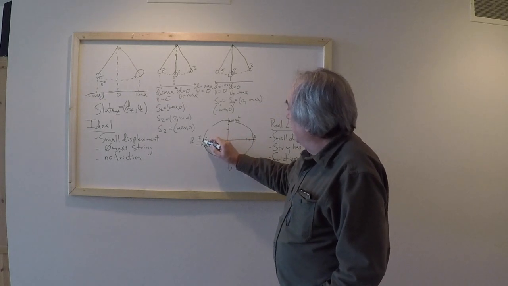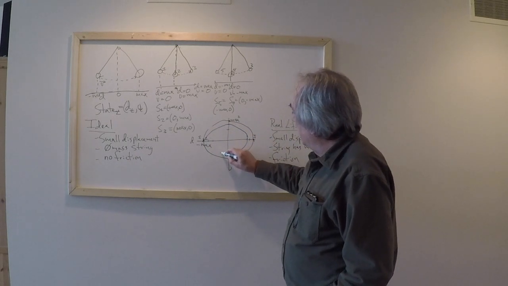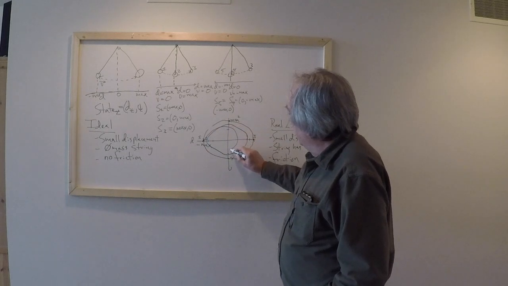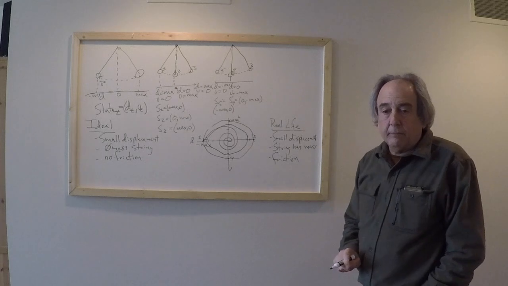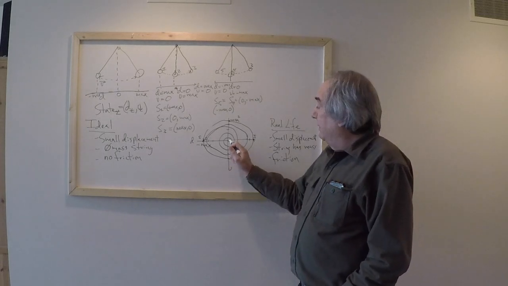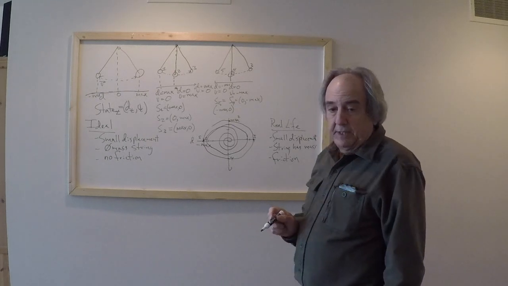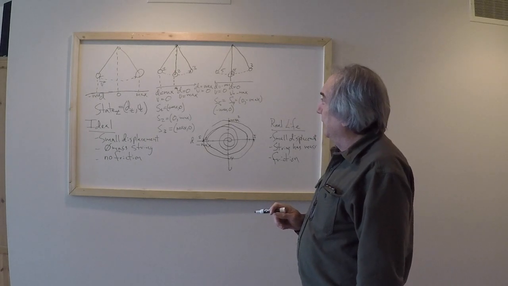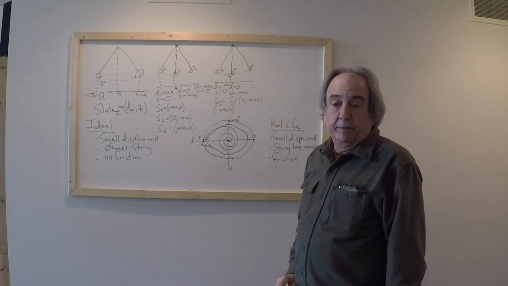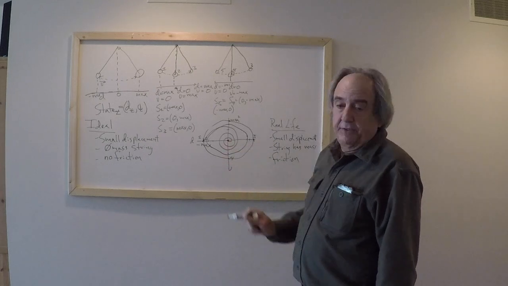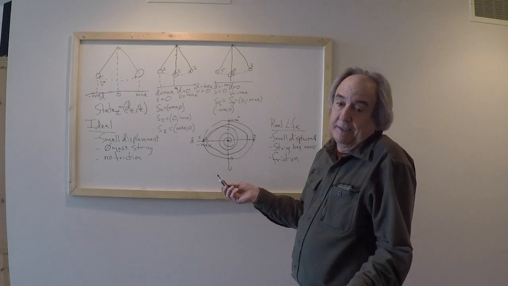So in real life, what happens is that the pendulum comes to rest at equilibrium, at that point where there's no displacement and velocity 0, right?